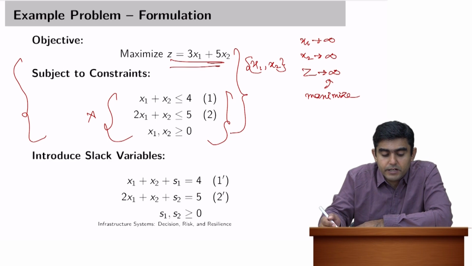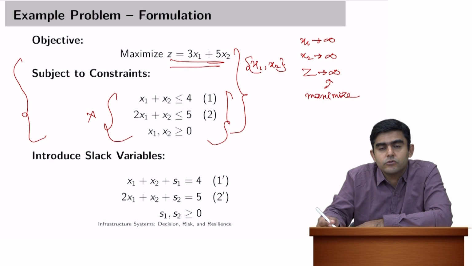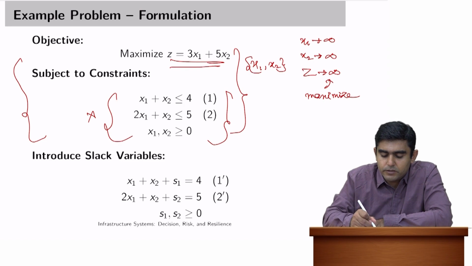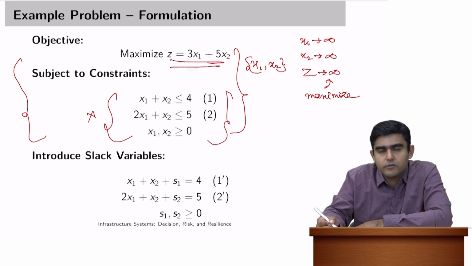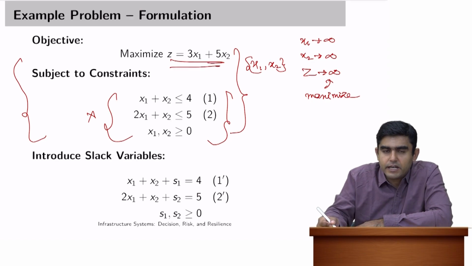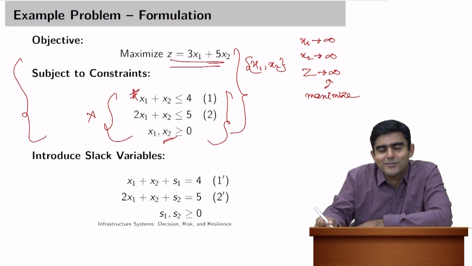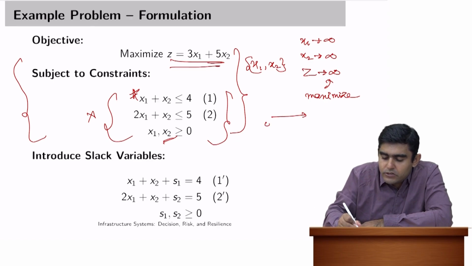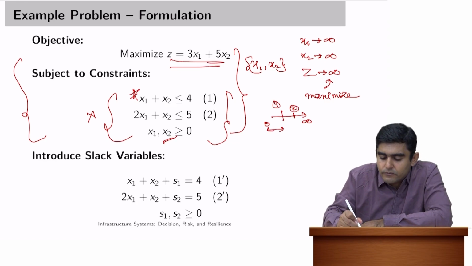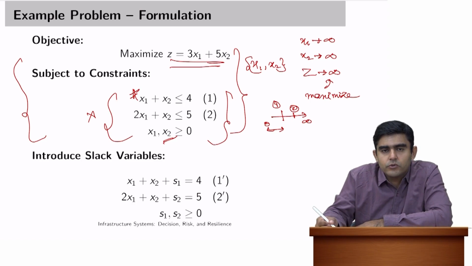However, what is preventing our scaling to infinity are these two constraints that are present. The first one is x1 plus x2 less than or equal to 4, and the second one is 2x1 plus x2 less than or equal to 5. So let us say that I make x1 5. I would immediately violate this constraint because x2 is not allowed to be less than 0. So what does that mean? That even if we want to go from 0 towards infinity, during this process I may start violating constraints, maybe constraint 1 or constraint 2 and so on.